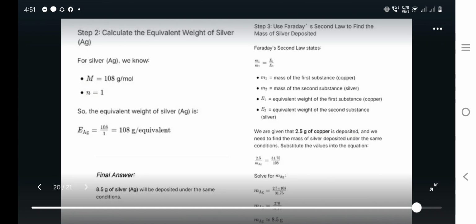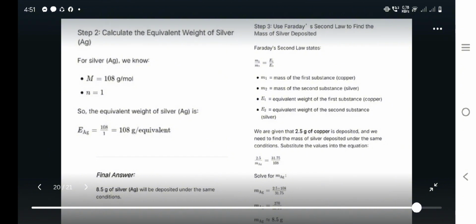So the E1 is the equivalent weight of the first substance copper and the E2 is the equivalent weight of the second substance. So we are given that 2.5 grams of copper is deposited and we need to find the mass of silver deposited under the same conditions.